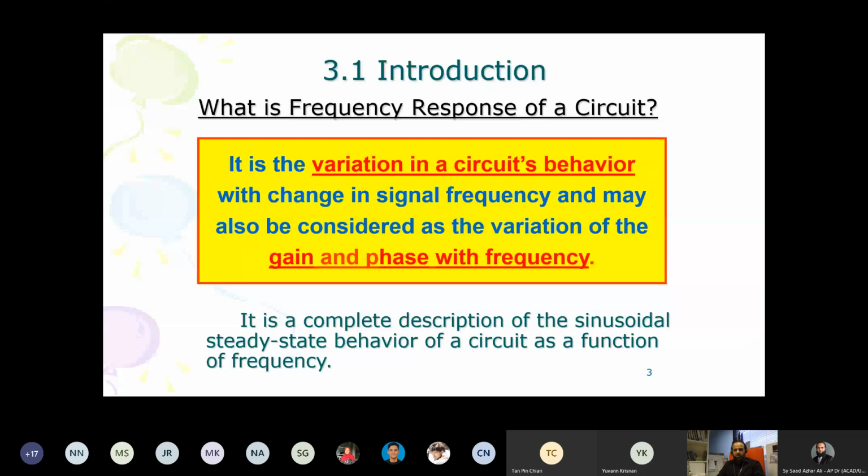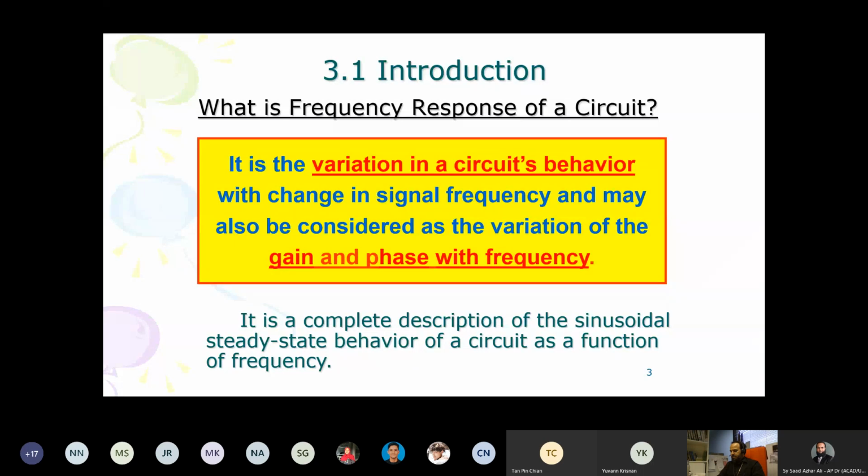Just remember that when we are talking about frequency, we are talking about the S domain or jω domain, and this means we are talking about complex numbers, phasors, and in the phasors we have the gain and the phase. We will see that the gain and the phase will change depending upon the input signal or the circuit.